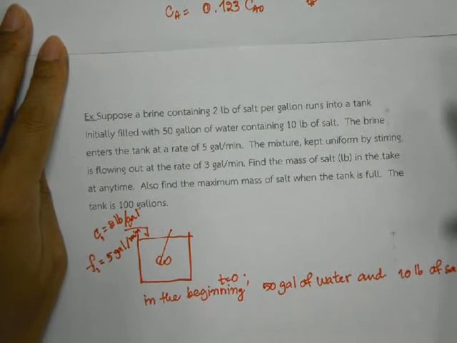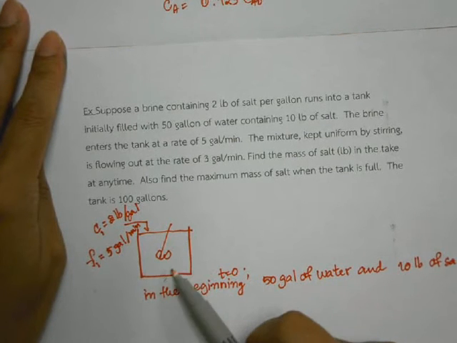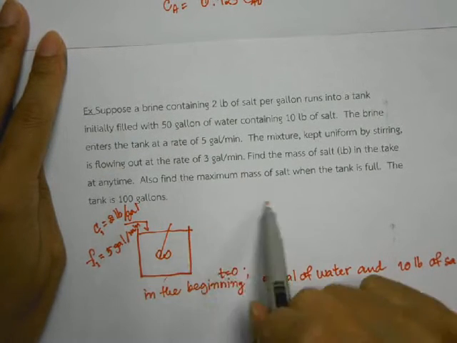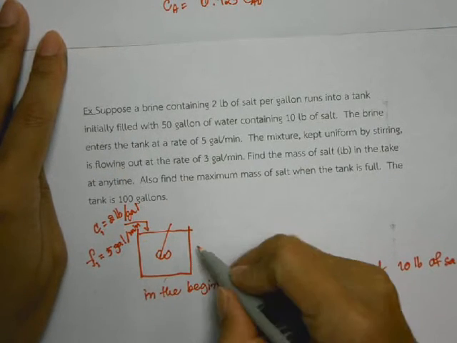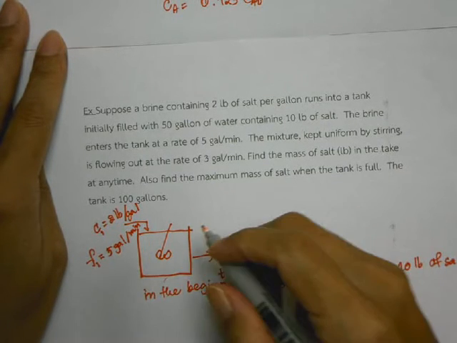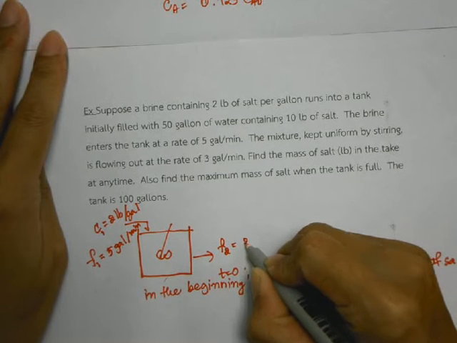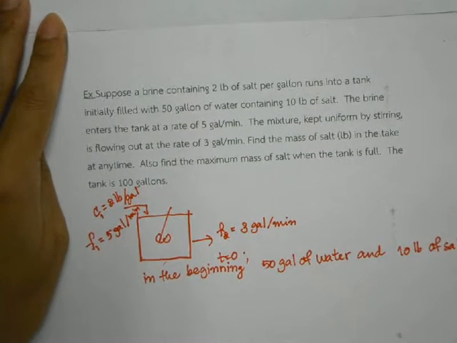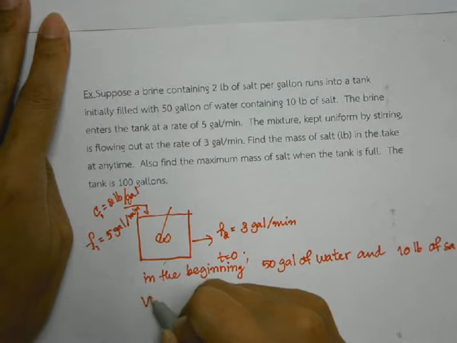The mixture is kept uniform by stirring. So inside there we have a stirrer to keep the mixture uniform. And the mixture is flowing out from the tank at a rate of 3 gallons per minute. And the volume of the tank is 100 gallons.